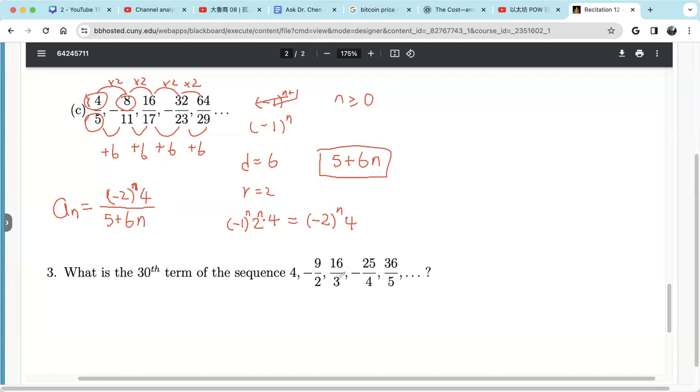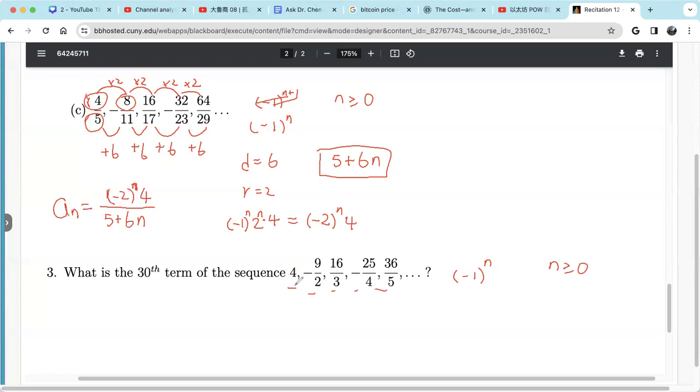Now let's see 3. We're given these 5 terms. It's alternating. Whenever we see alternating, we know negative 1 is involved, and the first term is positive. So let's write n starting from 0, so we have negative 1 raised to n involved in the sequence.